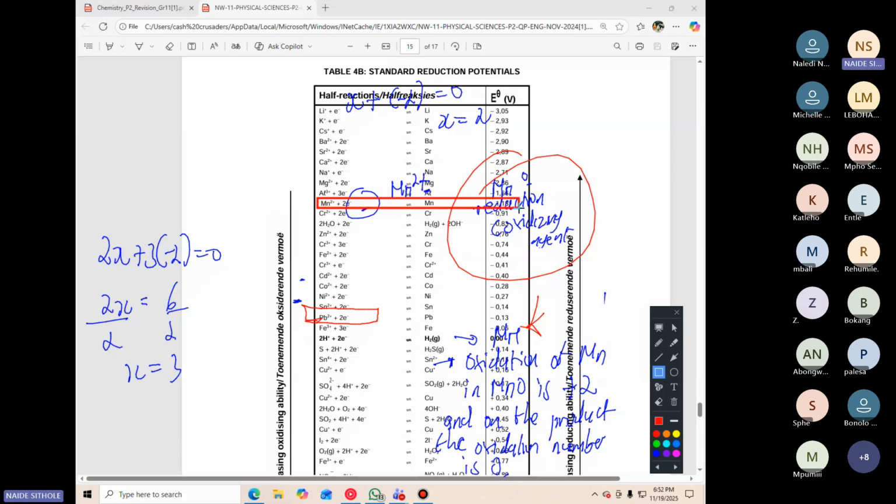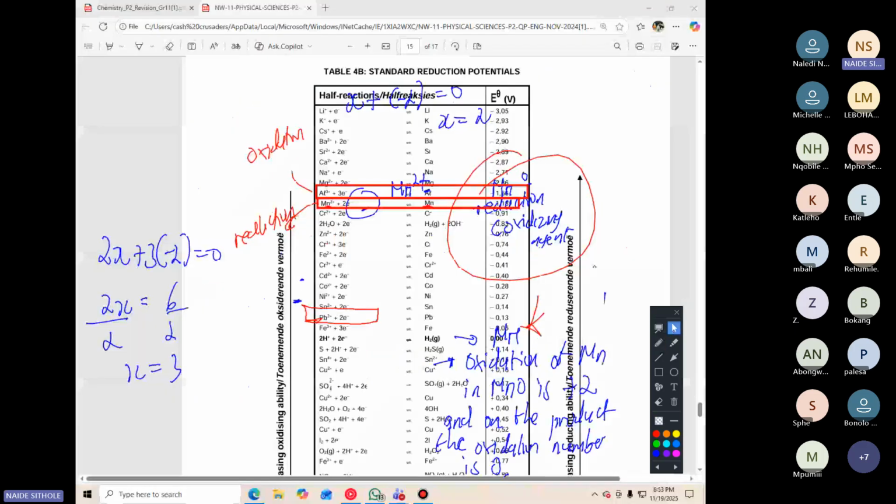Manganese below and then aluminium above, which tells you what? The one that is above on a 4B table undergoes oxidation. The one that is here undergoes what? Reduction. So as you see there, from Mn2 plus to Mn. From Mn2 plus to Mn.